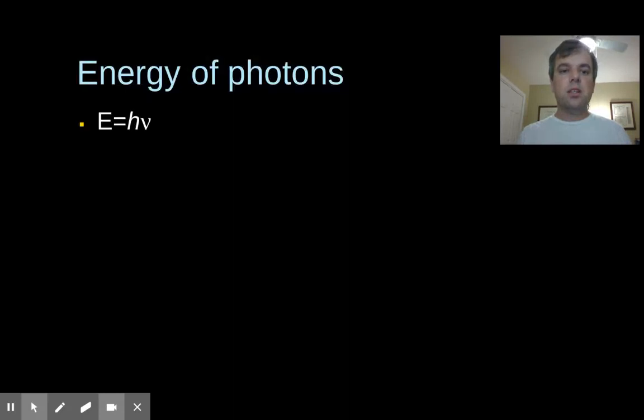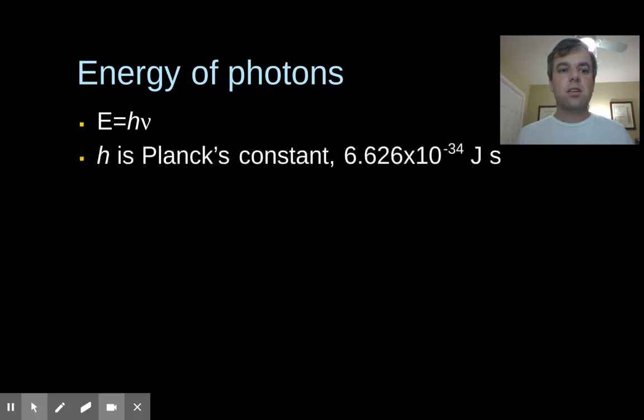So if we're talking about the energy involved, energy equals h, which is Planck's constant, named for the scientist Max Planck, times nu, the frequency. And Planck's constant is 6.626 times 10 to the -34th joule seconds.